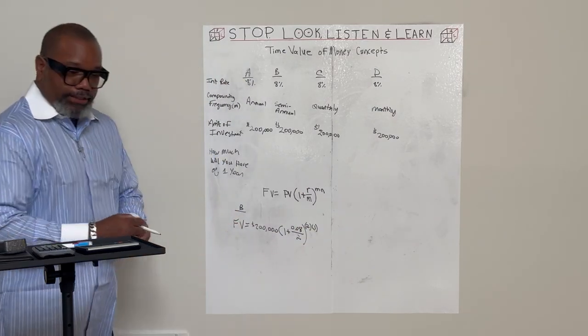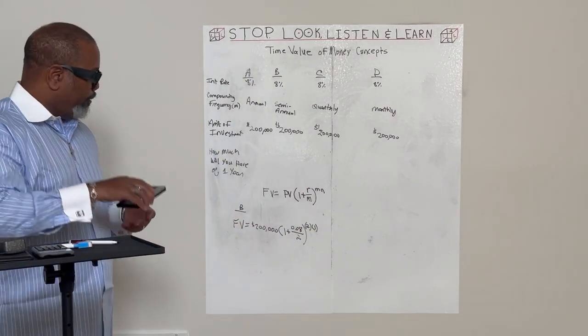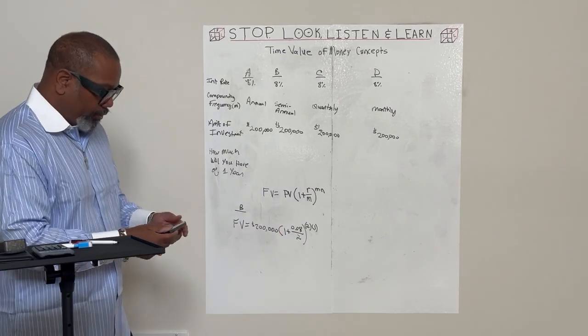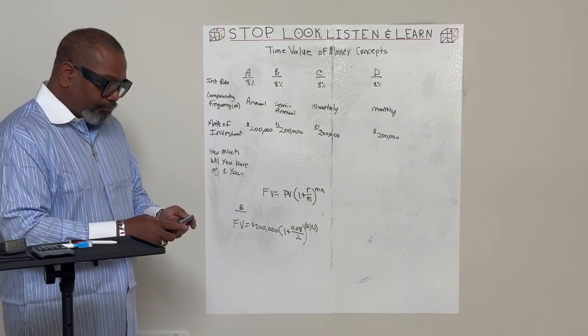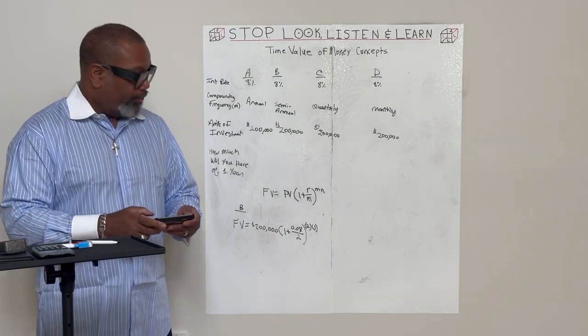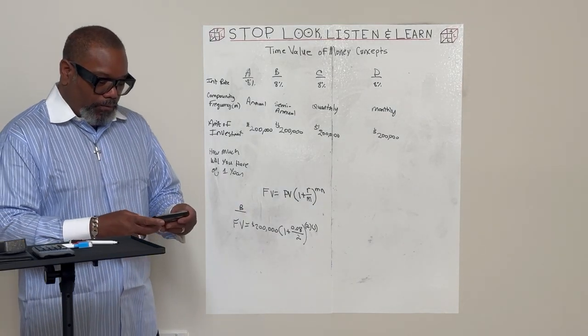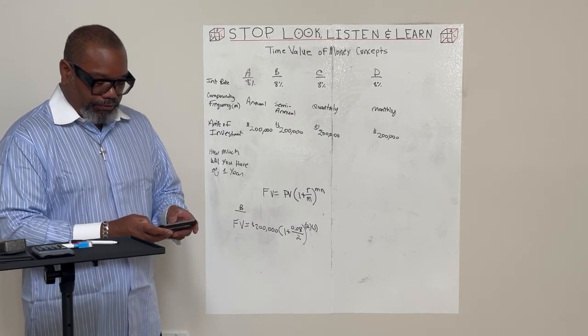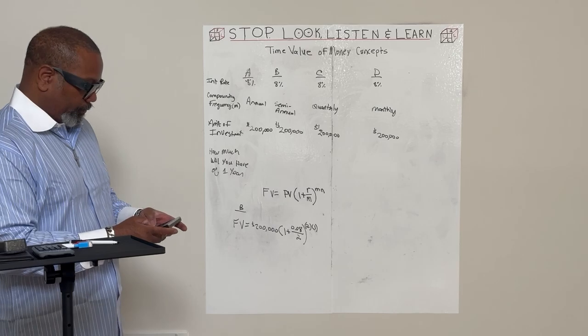Now, getting out the calculator to compute this, we're going to start off with what's in parentheses first. So we've got 0.08. We're going to divide that by 2, and then we're going to add 1 to that, and then we're going to raise that to the second power.